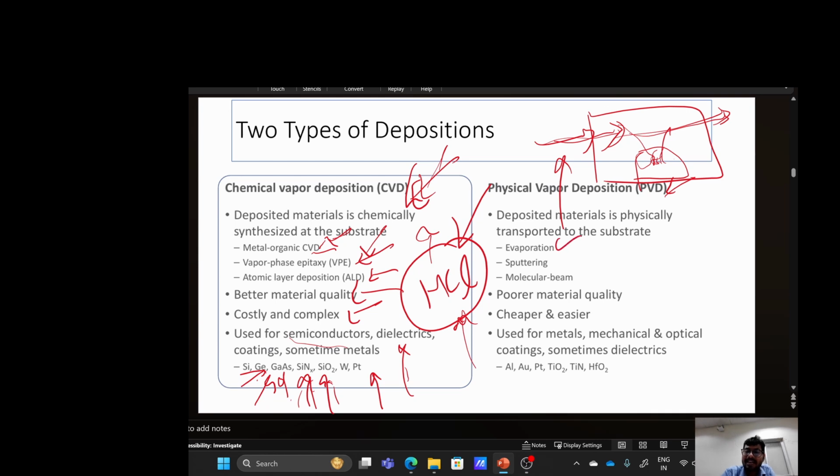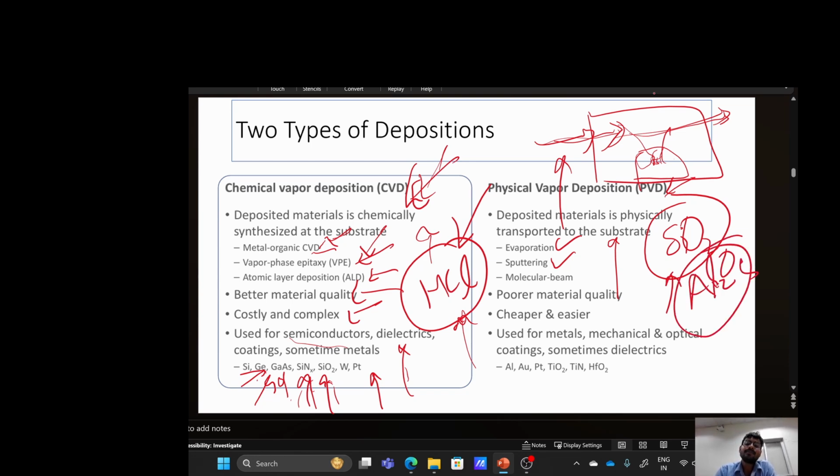Directly, evaporation you can do. Sputtering is nothing but, by means of plasma creation, you take out the material from your target, and that will get deposited over your substrate. If you want to deposit SiO2 or silicon nitride, you need to have a target of SiO2, or say Al2O3.